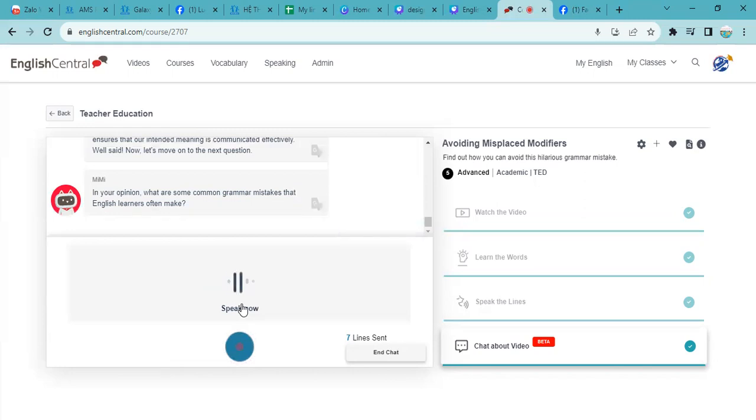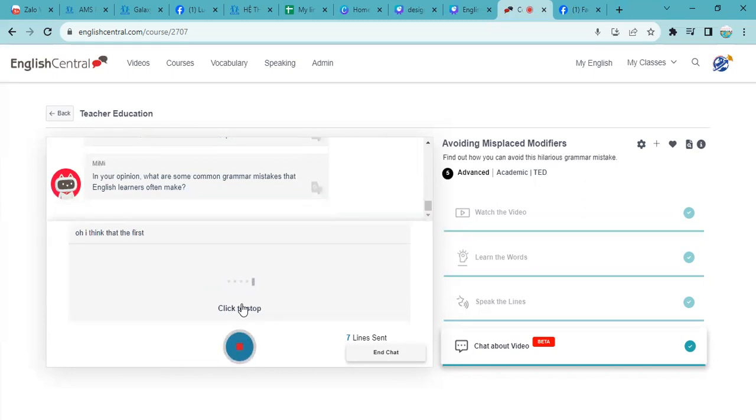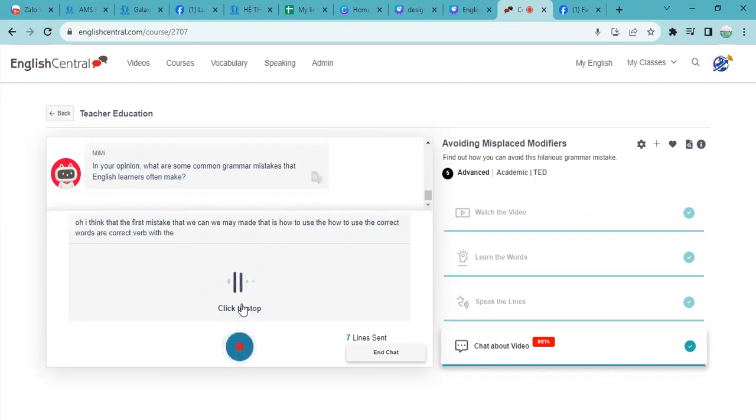I think that the first mistake we may make is how to use the correct word or correct verb with the subject. I mean the subject and verb agreement.